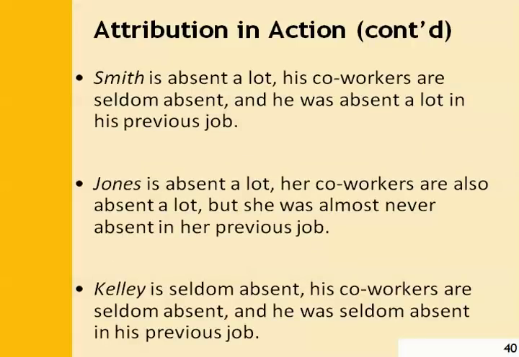Here we have 3 employees at work who are absent today, and we want to know why they were absent today. We will look for cues to find reasons behind their absence today, or to make an attribution. Number 1, Smith. Smith is absent a lot. His co-workers are seldom absent, and he was absent a lot in his previous job.